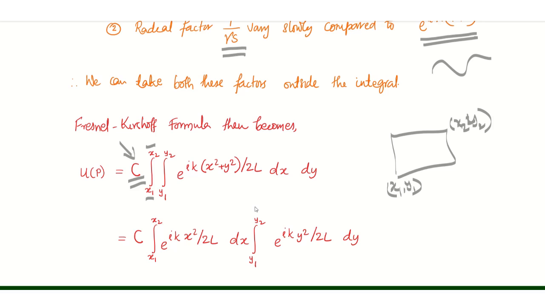Then you simply integrate e to the power i k, x square plus y square.